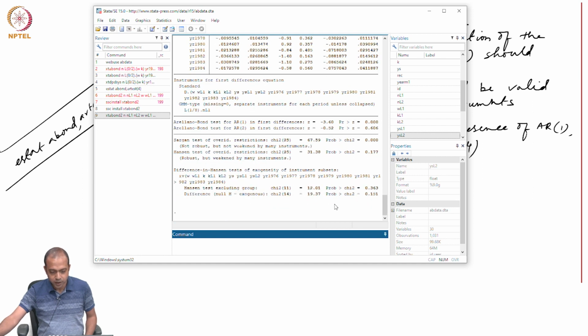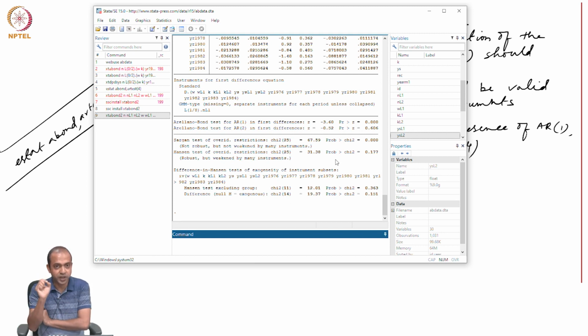We will look at the Hansen test of over identifying restriction, which is 0.177. So, both the tests, Sargan test as well as Hansen test, they are tests of over identifying restrictions. Please keep in mind, you can go back to my earlier lectures on instrumental variable estimates.